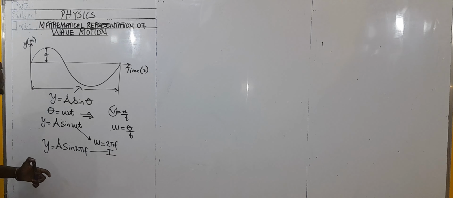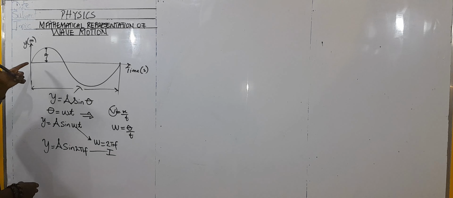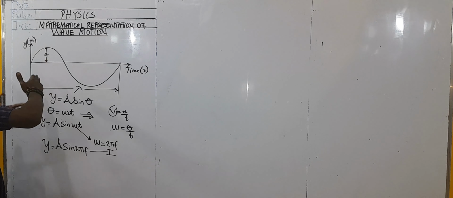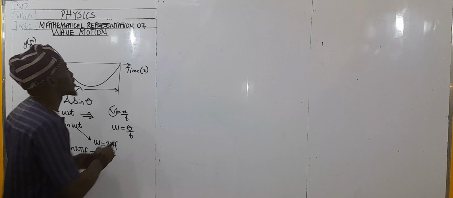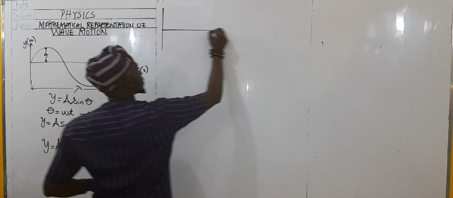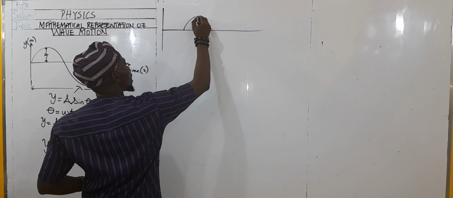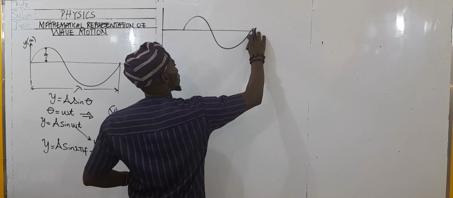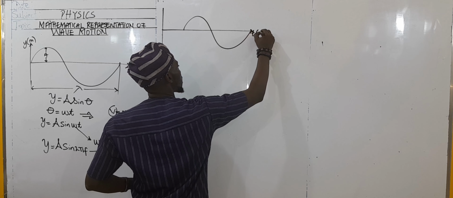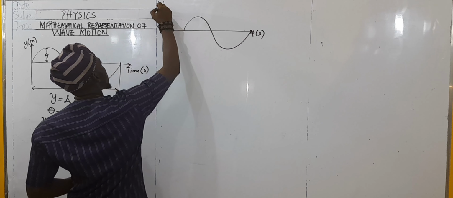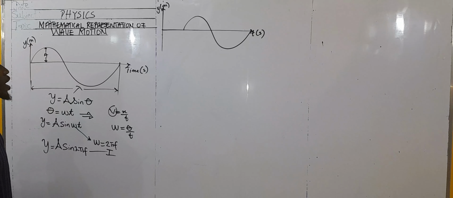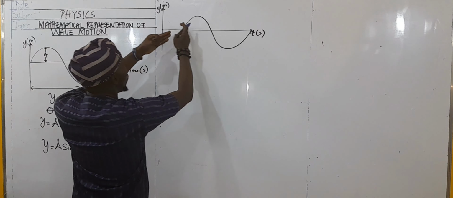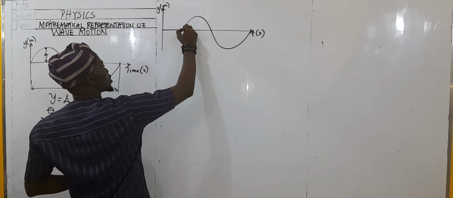Let's assume that this is not starting from the origin. Let's assume that it has started over some period of time before it begins. So let's say the diagram is like this. So this is the time in seconds, and this is the y in meters. Alright, let's say it has started over some period of time.